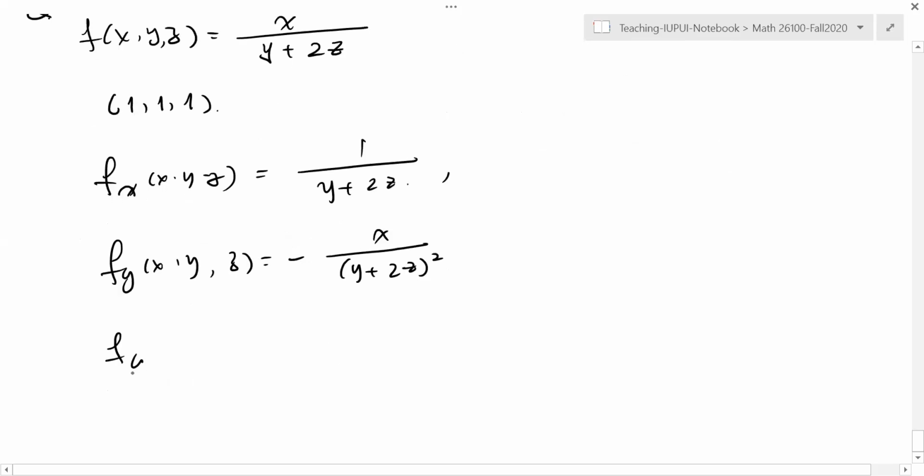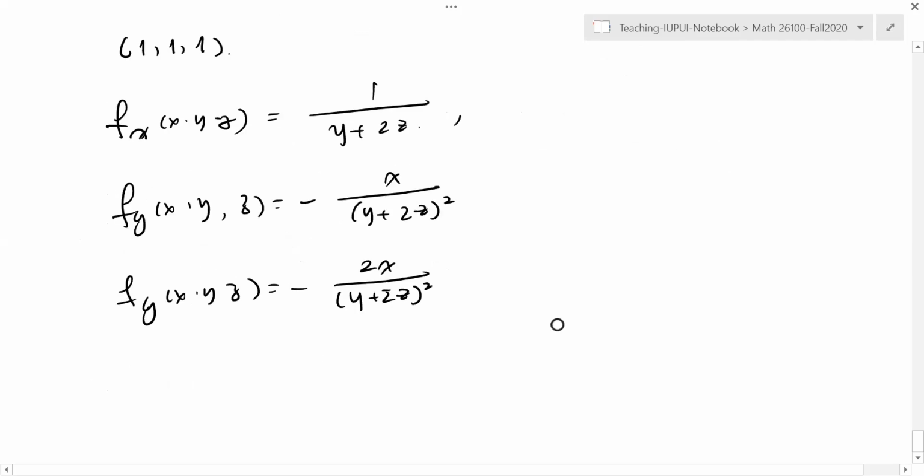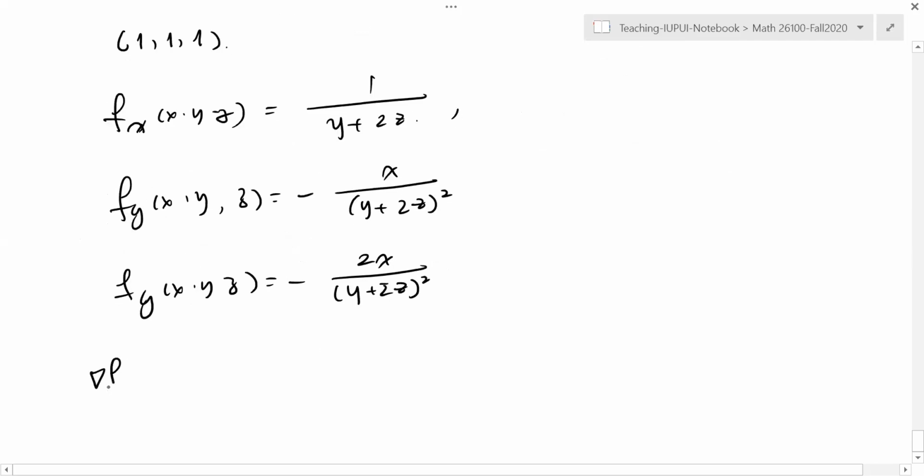And the third one is going to be negative 2x over (y plus 2z) squared. Those are the three partial derivatives, and you evaluate at that point. So when both are equal to 1, the gradient is 1 over 3, negative 1 over 3 squared, so negative 1 over 9, and negative 2 over 9.